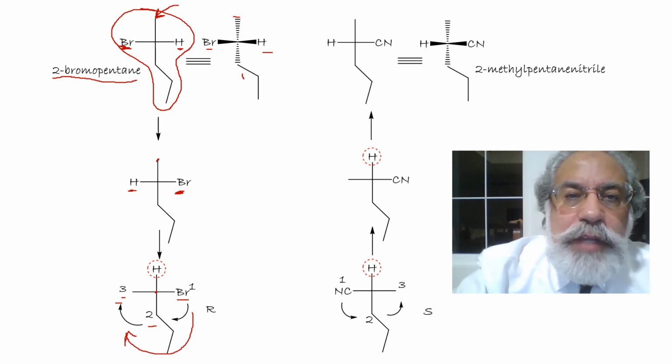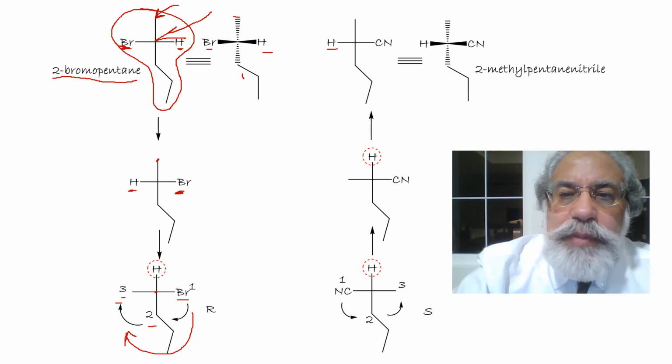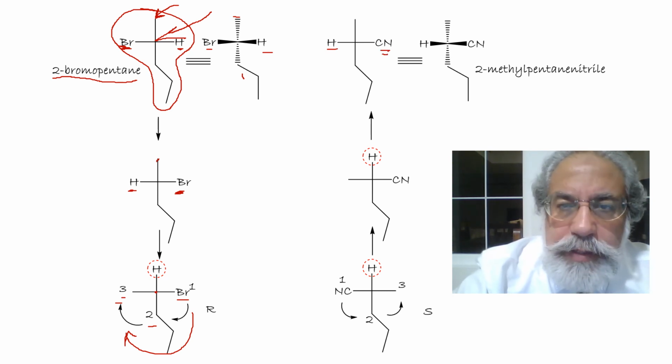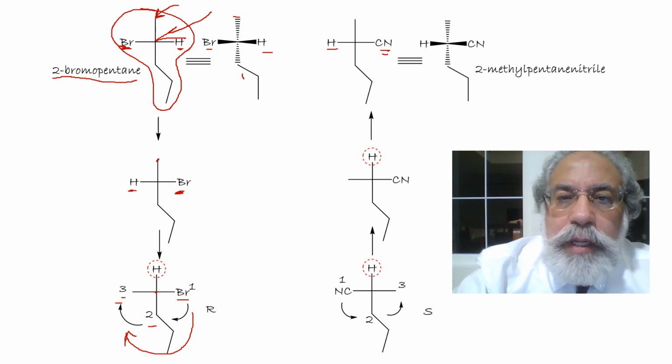The cyanide, the nucleophile, will attack from this side to this carbon. The hydrogen will be on the left and the cyanide will be on the right. Once again, we would like to get this hydrogen up here. I did the first exchange.